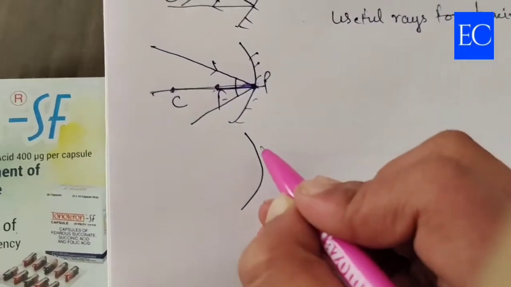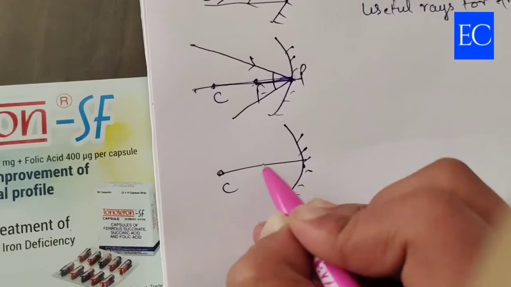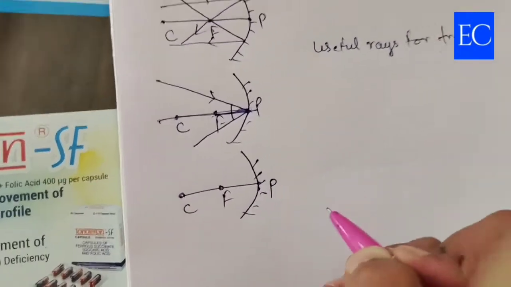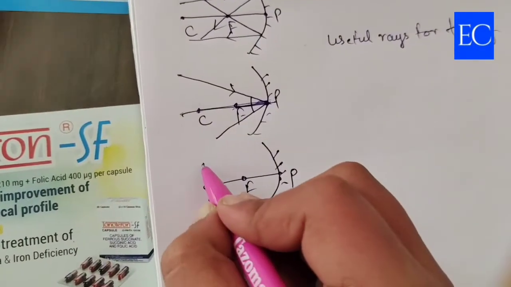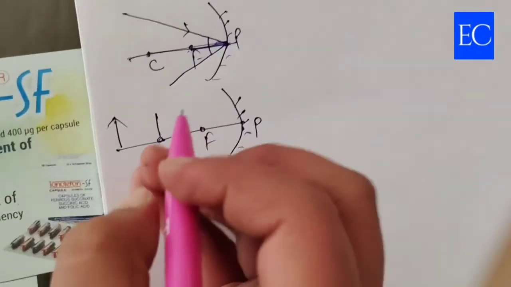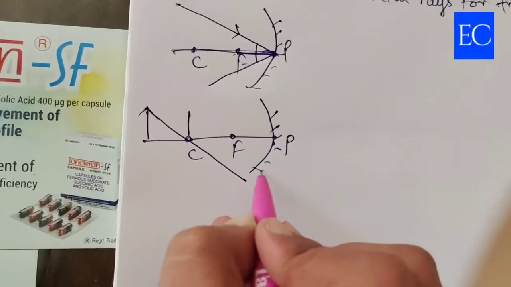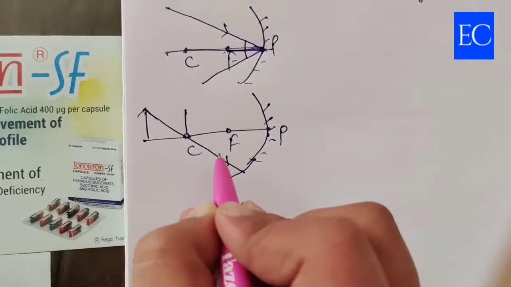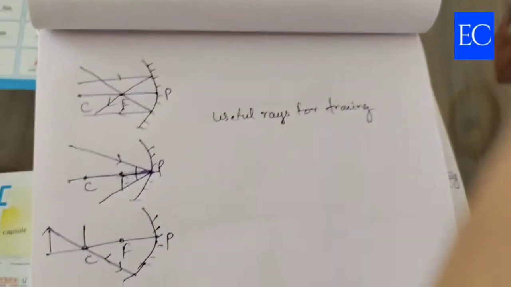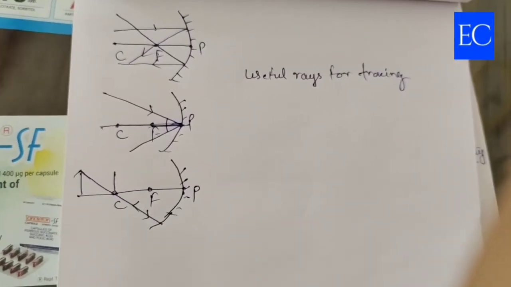Next, one more. Now suppose there is an object beyond C. The ray falling through the center of curvature will just retrace its path after reflection. These are the useful rays which will help you in drawing the ray diagrams.